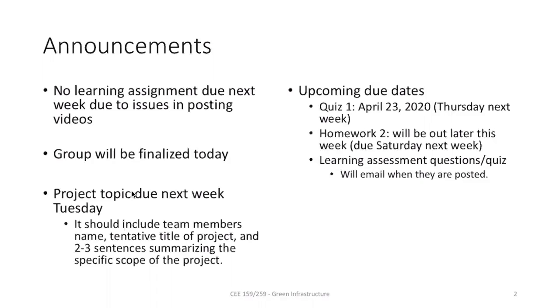For a topic, you have to write a title, which should be specific, and also write all the group members' names. Then write at least 2 to 3 sentences or bullet points stating what specific focus, research question, or specific question you want to answer in that project. Again, this is a starting point. We'll continue to have this discussion as a group. I'll meet each group and we'll continue to evolve that topic as well as develop the outline.